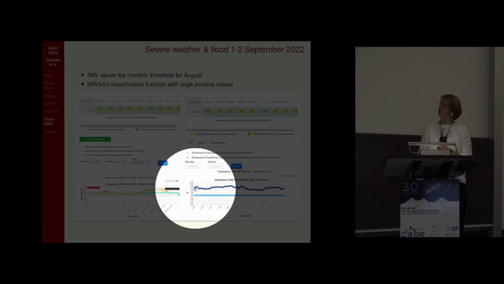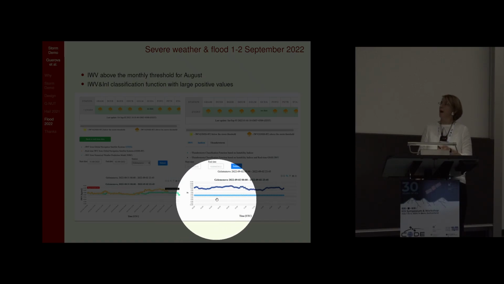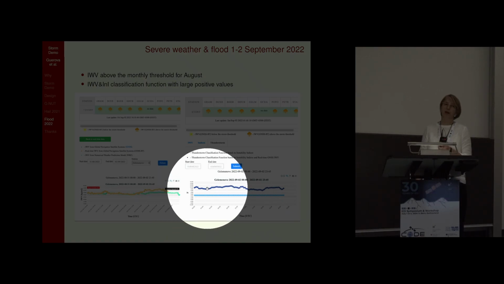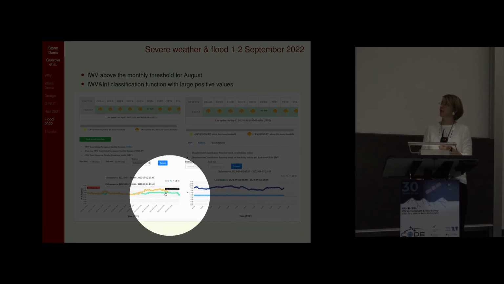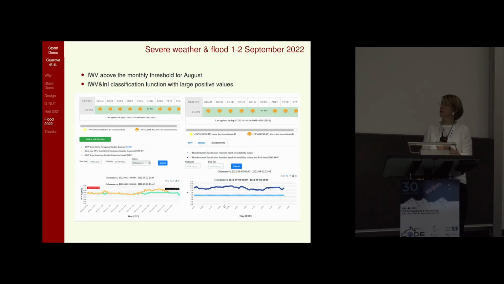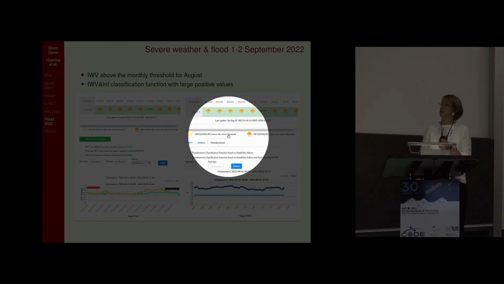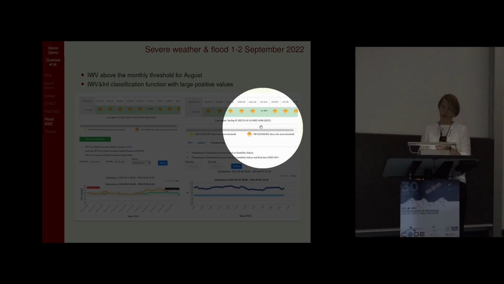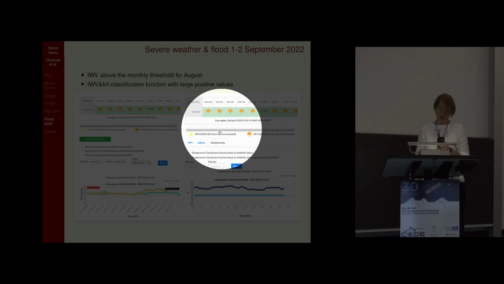Here are the classification functions. Actually, this classification function was computed in real time, and then in real time, we had to adjust the y-axis because it was really such high values. We were not prepared for such high values of this classification function. So the classification function based only on instability indices is this constant line, because we only have those observations at 12 UTC, while adding integrated water vapor, you see over this day we have a much higher variability introduced through water vapor.